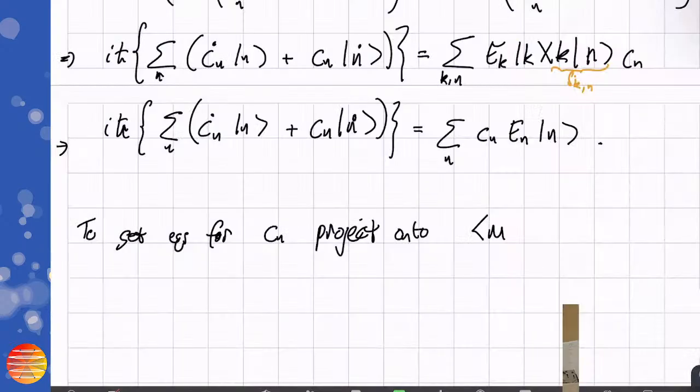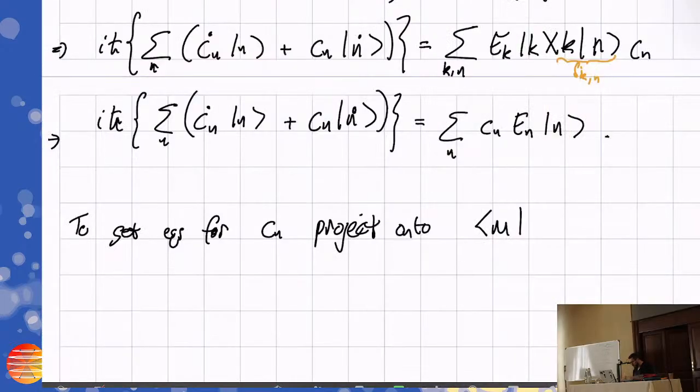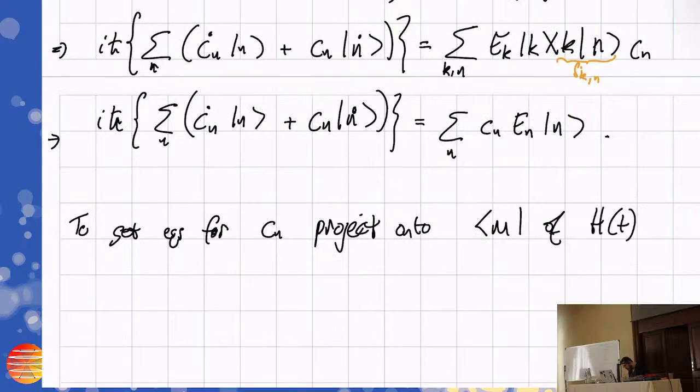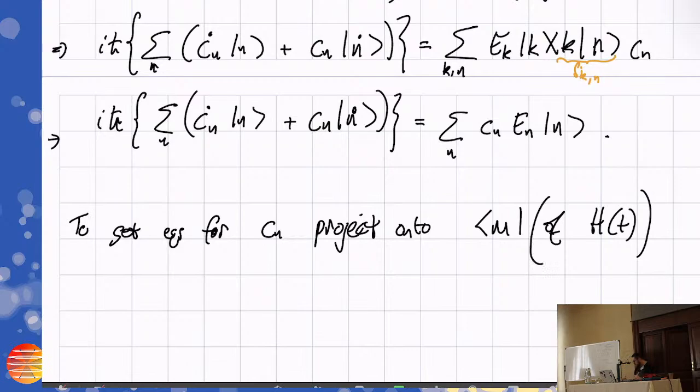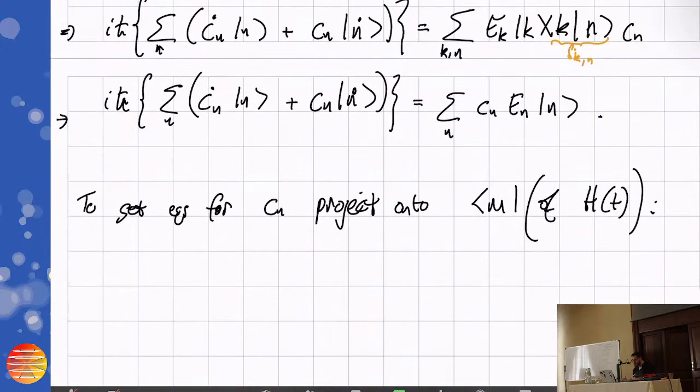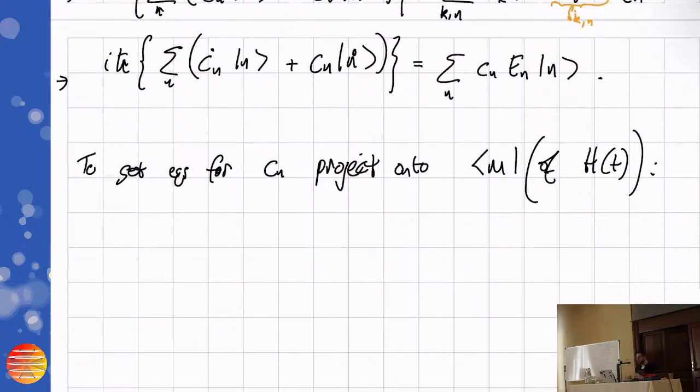We want to project onto some eigenstate, the mth eigenstate of H of t. So you remember that. Now I take my mth eigenstate, I just slap it in on the left-hand side and bring it through.